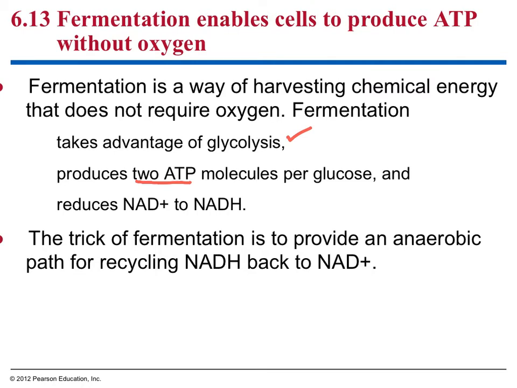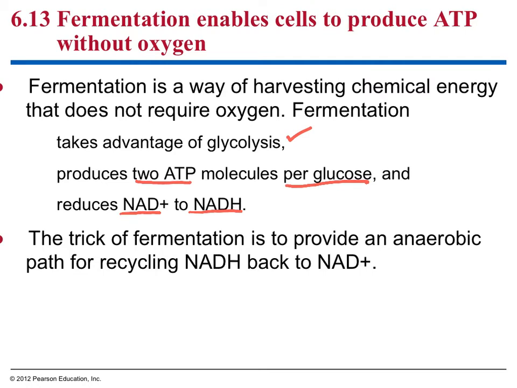There is no oxygen there to accept those electrons. So really, fermentation is just glycolysis, just that first stage of cellular respiration. So we produce 2 molecules of ATP per molecule of glucose, and then we reduce NAD plus to NADH. So NAD plus accepts hydrogen and its electrons.